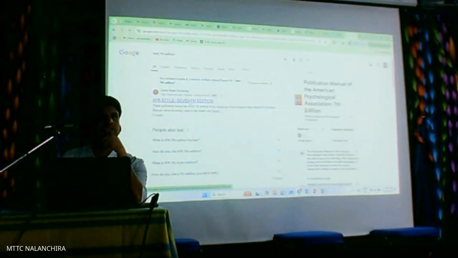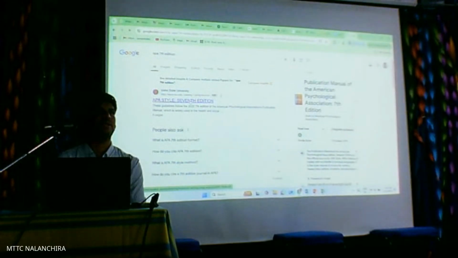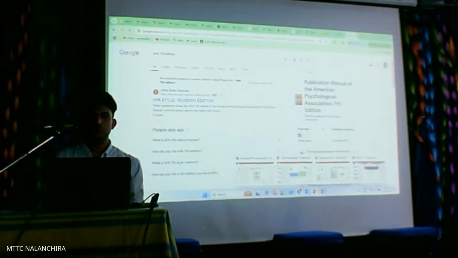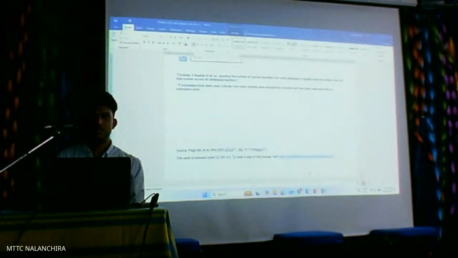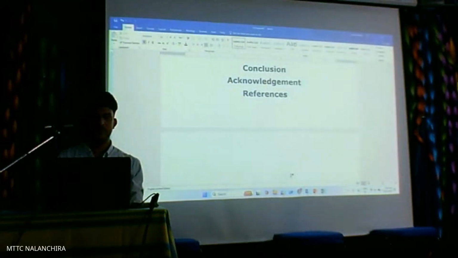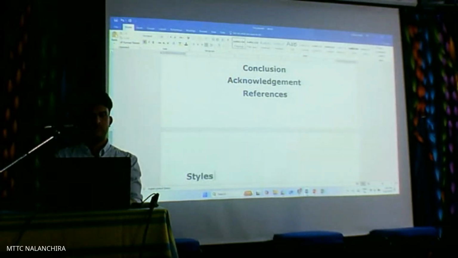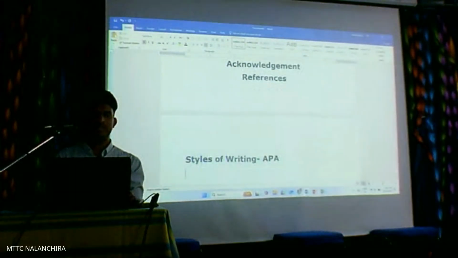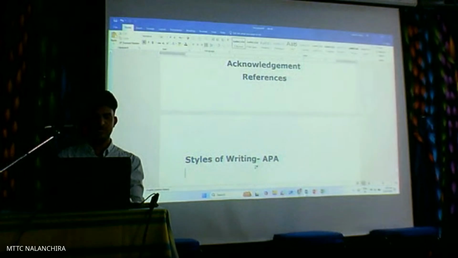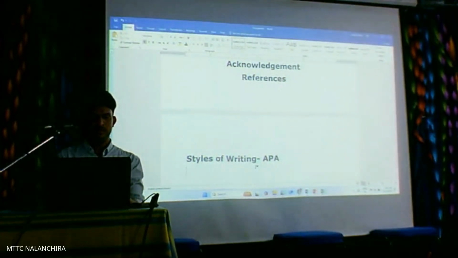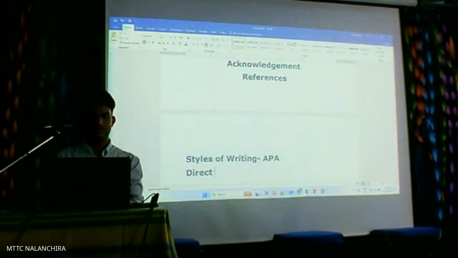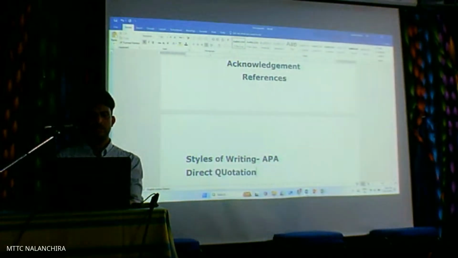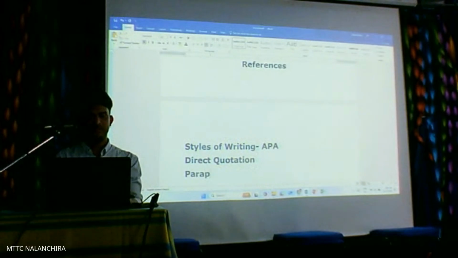There are two writing styles you must be knowing in every academic writing. If you talk about APA, we have two types of writing: one is direct quotation, the other is paraphrasing.